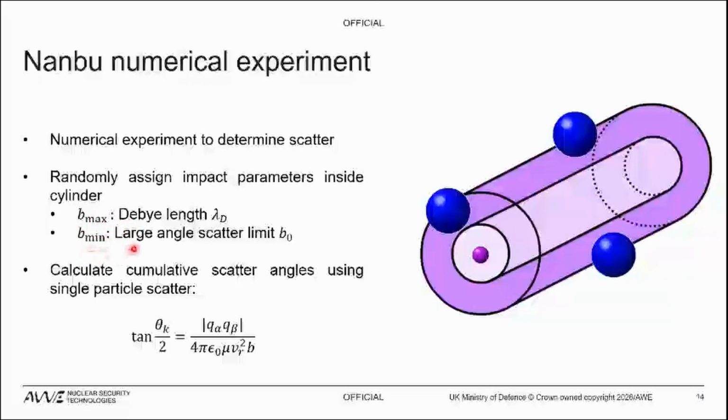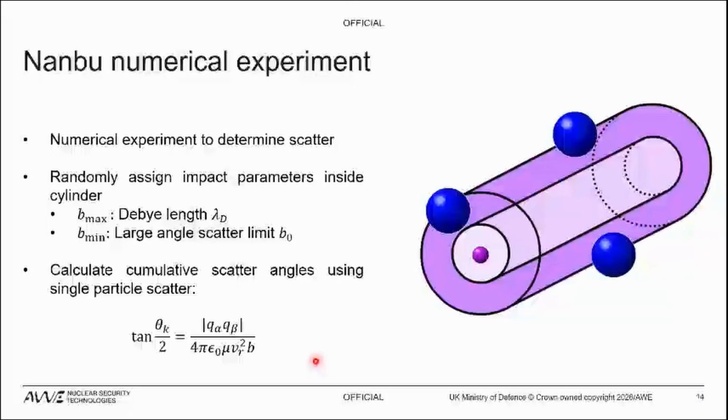We're going to say that it's a large angle scatter if it's smaller than this, and we're going to say that it's going to be completely ignored, it'll be screened by the other charges, if it's bigger than this, which creates a cylinder of particles which will contribute to cumulative small angle scatter. So let's populate particles in that cylinder and calculate the scatter from each individual one. So theta k is the scatter after k collisions.